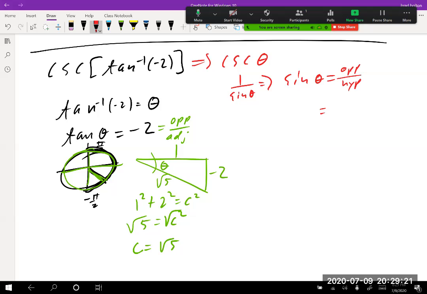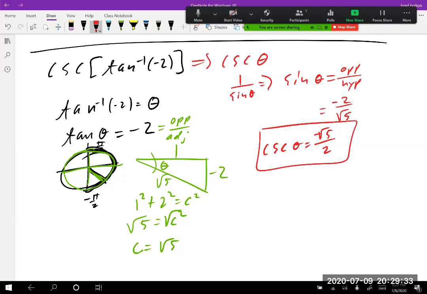So the opposite side is -2 over the hypotenuse, square root of 5. So then cosecant of theta is the reciprocal of that, which would be negative square root of 5 over 2. Okay? So that's how you can use the properties in chapter 7.2. Or I shouldn't say the properties, but it's just now continuing on and giving you harder problems.